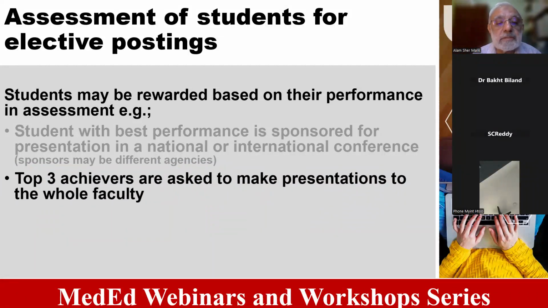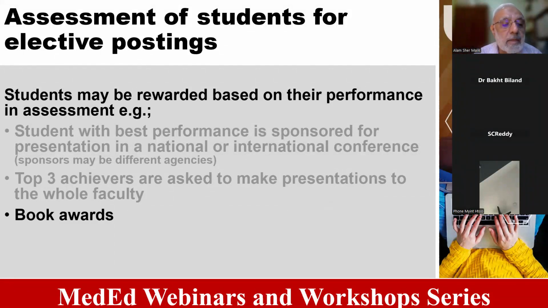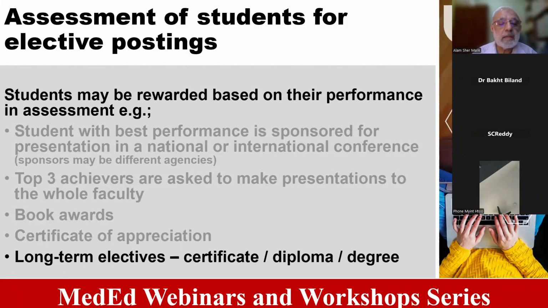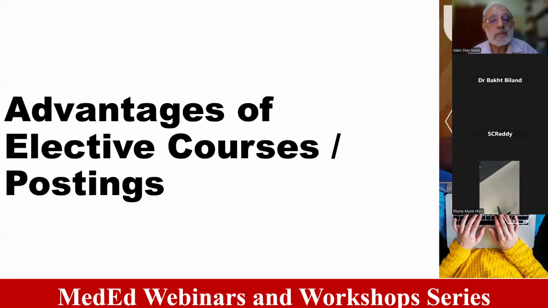The top 3 achievers may be asked to make a presentation to the whole faculty. There may be book awards, or certificates of appreciation. And in long-term electives, of course, there would be certificates, diploma, or degree. So in this way, we can have an outline of assessment of students' performance during the electives, and they can be rewarded in different ways.